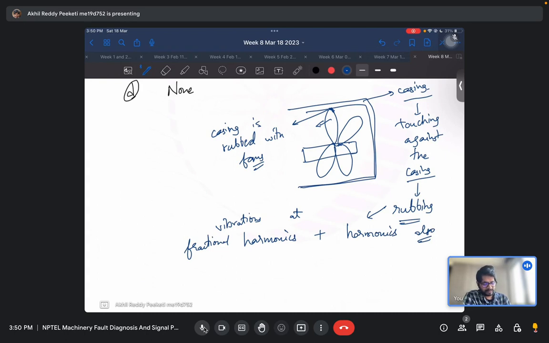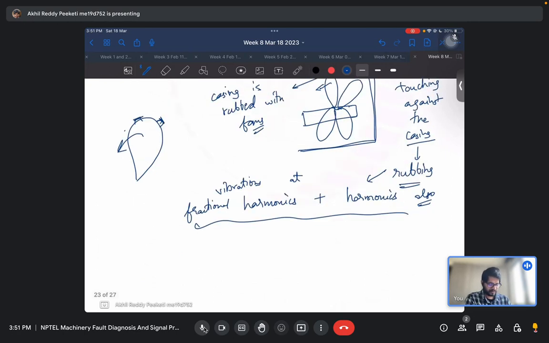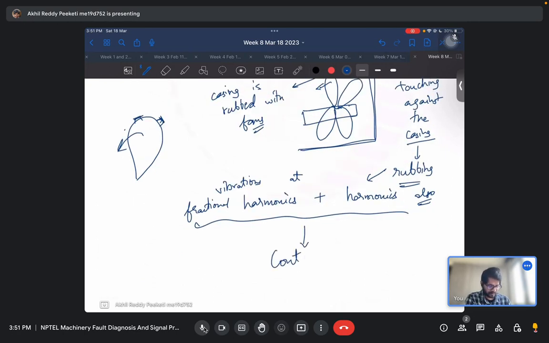Because this is hitting and the next one will hit, in a single rotation itself there could be multiple hits. And if it is uneven during a single hit itself, this part can hit and that part can hit multiple times, or only one fan can hit instead of all the fans. So it is possible to have fractional harmonics plus harmonics. As all frequencies come up, this will lead to a continuous spectrum.